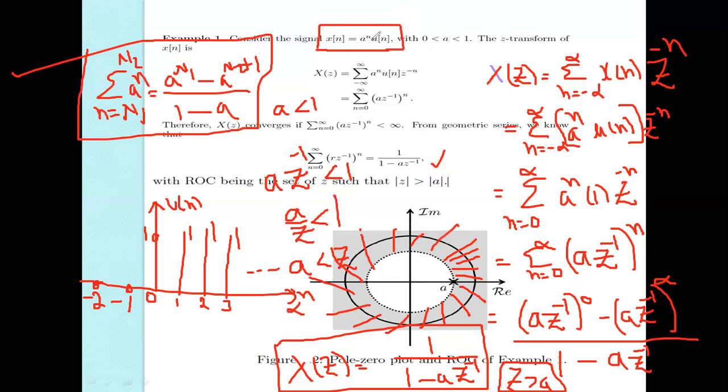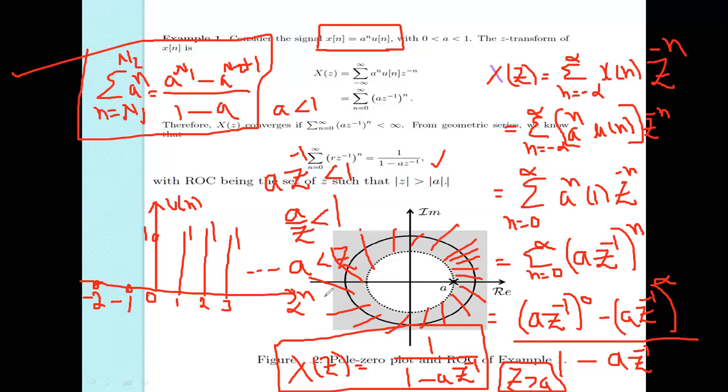Remember here, my students, mu of n in the Laplace transformation is right-sided. In the Z transformation it is outside-sided. Outside the circle, z is greater than a. The total region outside the circle is shaded here in gray.